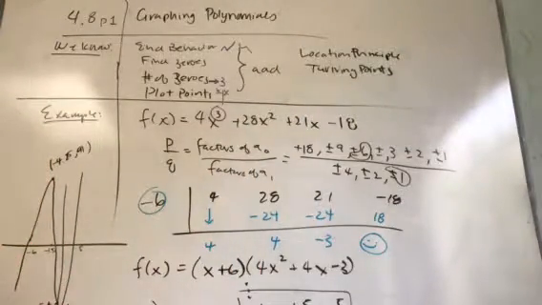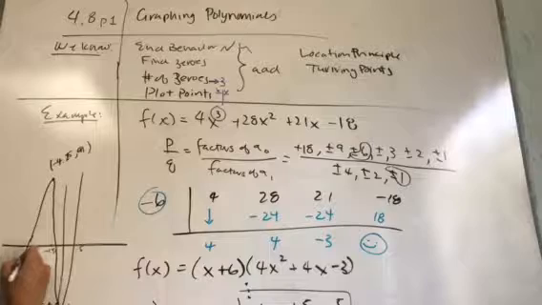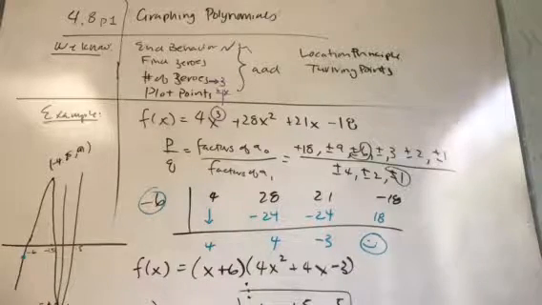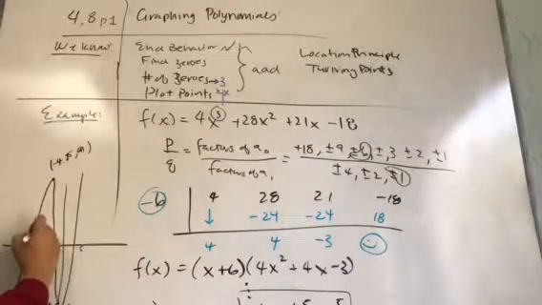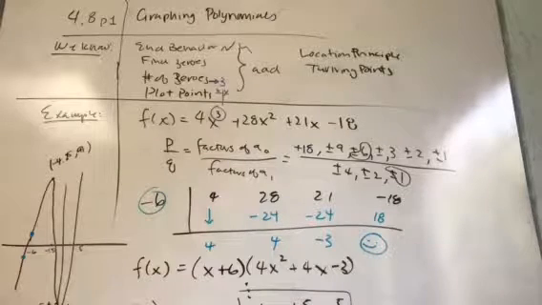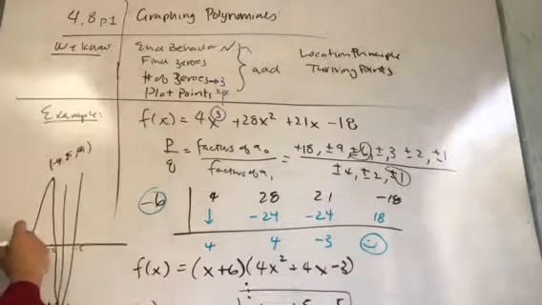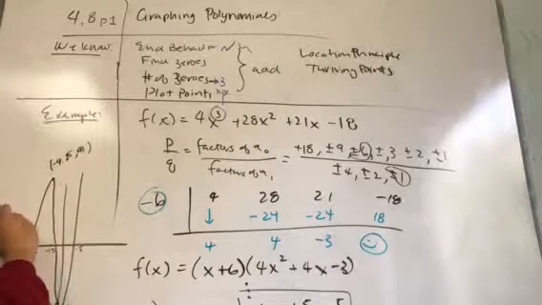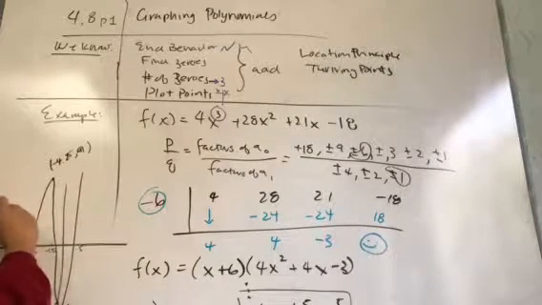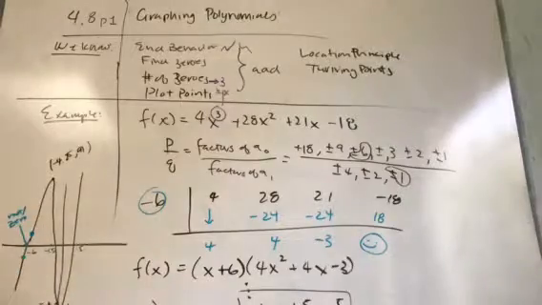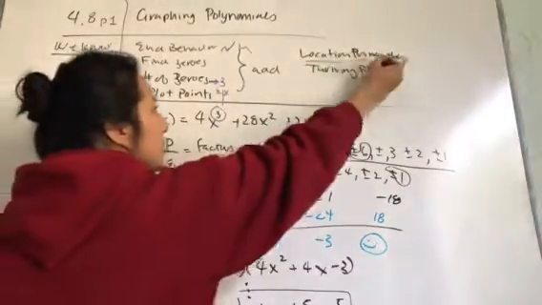So what the location principle says is that if you have a point on the graph that's below the x-axis, and you have another point on the graph that's above the x-axis, guess what? There is a 0 or a root living in between those points, okay? So that's what this location principle says.